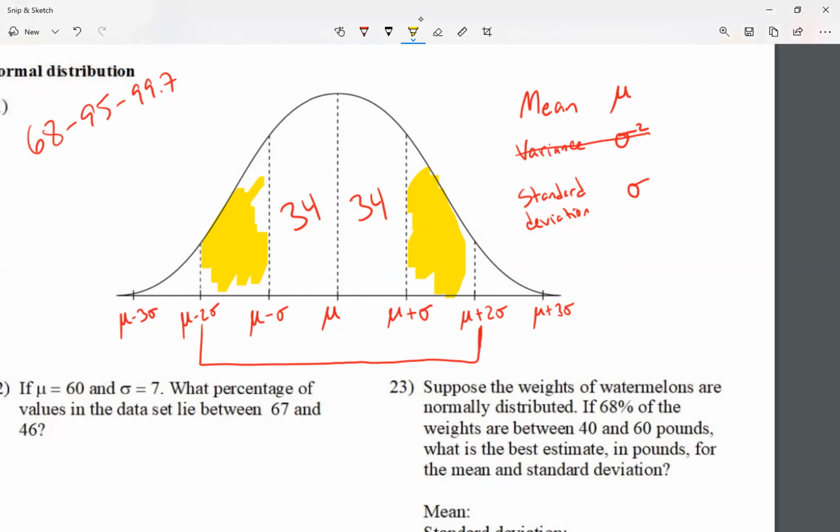Now let me break my 27 in between those two sections. So I'm going to say each of these has 13.5% of my people, right? If you add all four sections, you should add up to 95%. Again, I'm talking about percentages here.